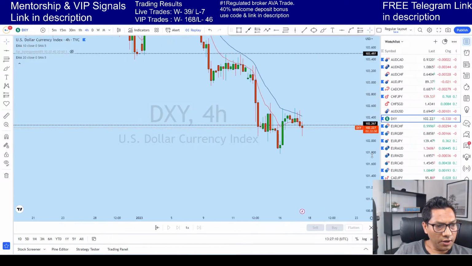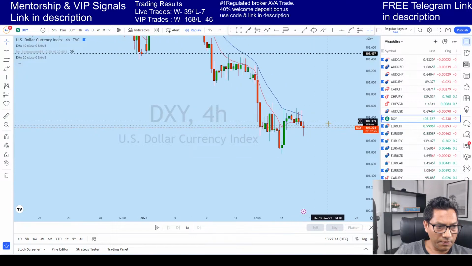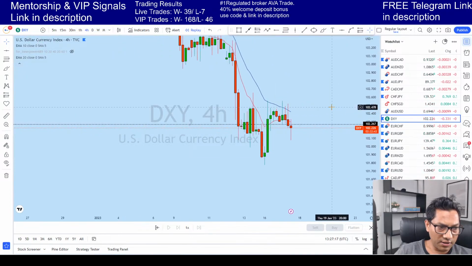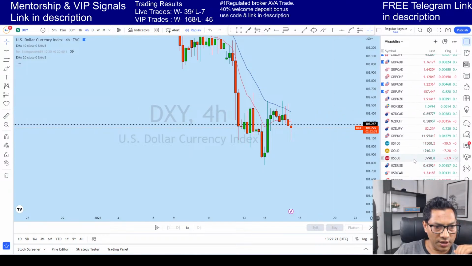So for me, from the DXY perspective, it is a bit choppy because of the current market structure. So let's look at Nasdaq again.